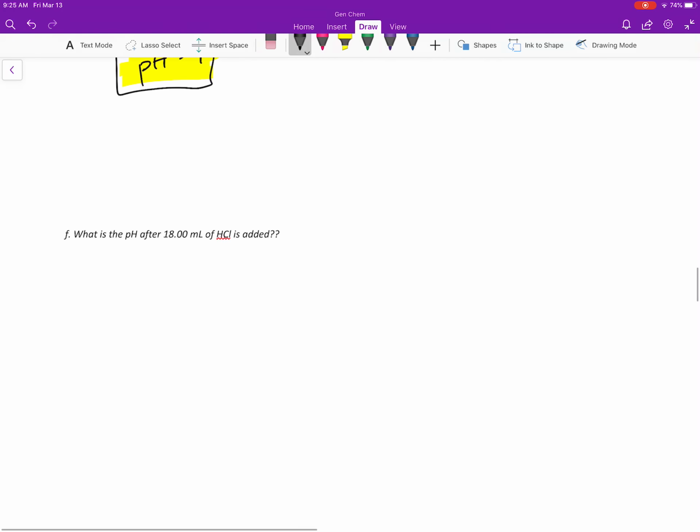The last part says, what is the pH after 18 milliliters of HCl is added? Well, this is after the equivalence point. So the predominant species at this point is going to be HCl. And all of the HCl that's in excess is going to contribute to pH directly.